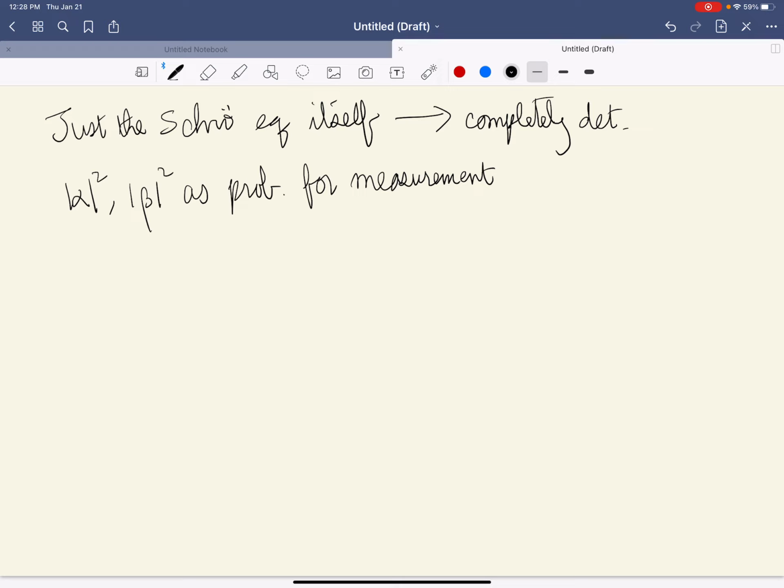Okay. And this is some sort of interpretation tool that people had to come up with in order to make a connection between theory, which is based on solving the Schrödinger problem, and the actual measurement or the actual experiment.